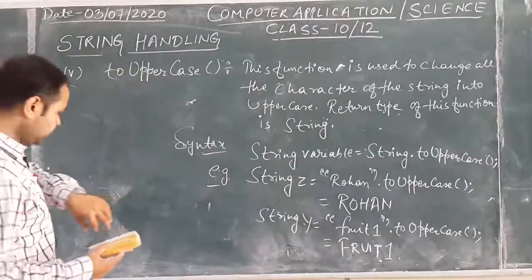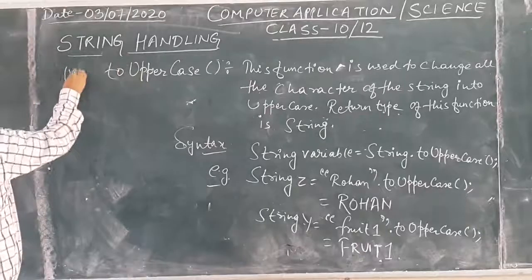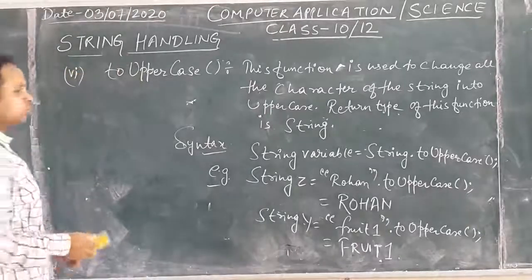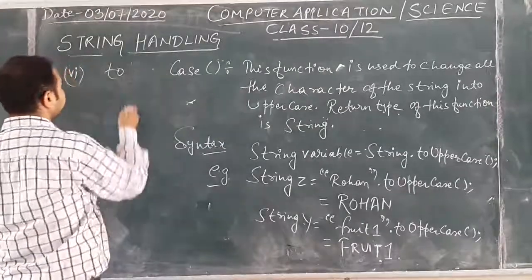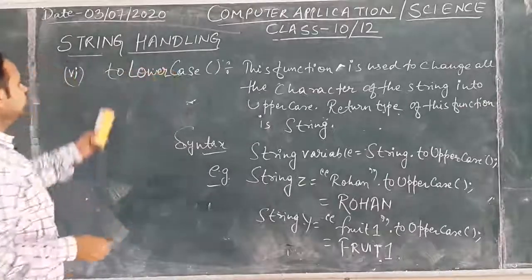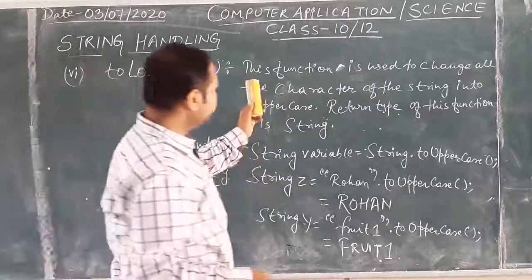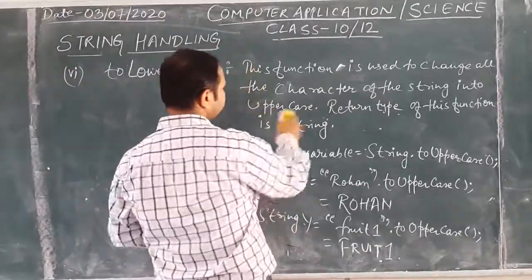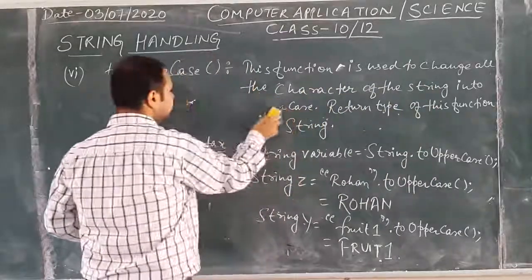Now the next function, number 6, is just the reverse of it, that is toLowerCase. So in toLowerCase, L will be capital and C will be capital. So the function is used to change all the characters of the string into lowercase in place of uppercase.